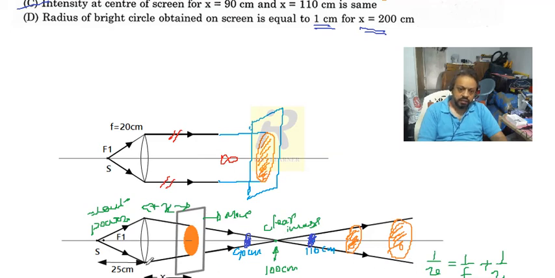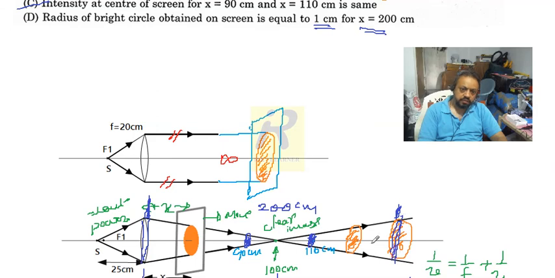The distance from here to here is 100 centimeter, and from here to here, say it is 100 centimeter, then it covers 200 centimeter in total. So from the lens to this point, we have a distance of 200 centimeter. So it is exactly the same width as the lens, right?